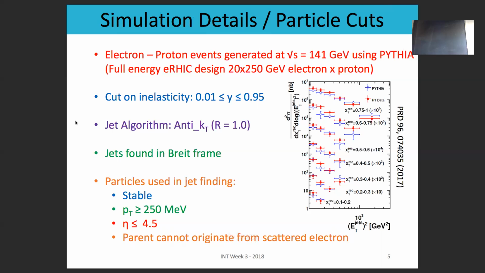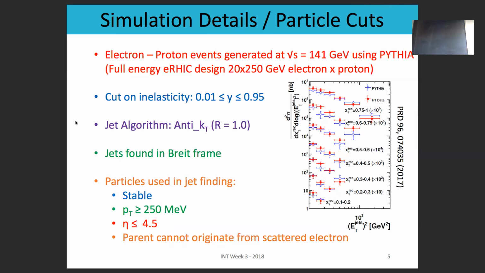Just real quick, all of this is simulation. We do electron-proton events generated at, unless I say otherwise, root S of 141, which is the envisioned maximum center of mass energy for an EIC, corresponding to 20 GeV electrons on 250 GeV protons.